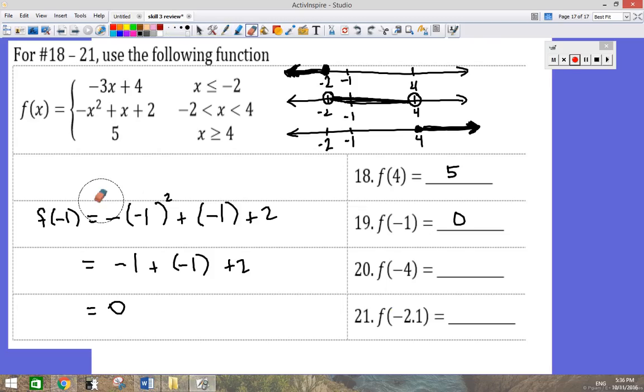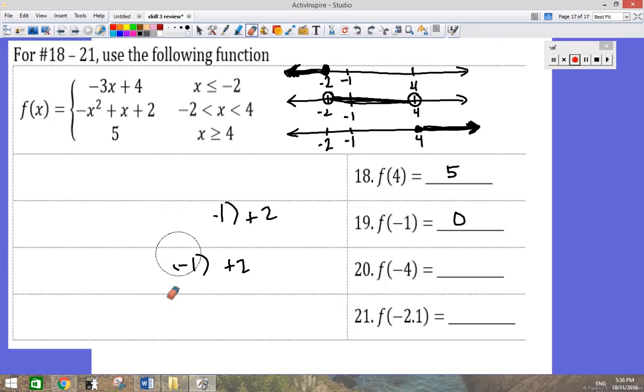All right, let's take a look at these next two. When x is negative 4, which of these equations am I going to use? Well, negative 4 is to the left of negative 2. So I'm going to use this top equation here. And when I evaluate this function at negative 4, I don't use the bottom two. I ignore them.